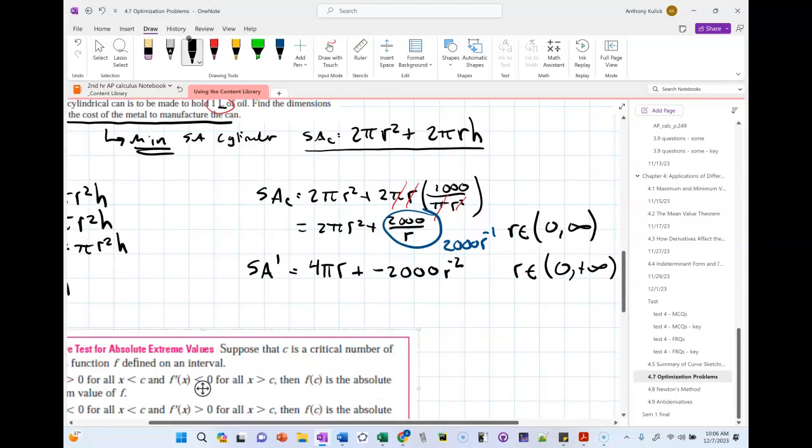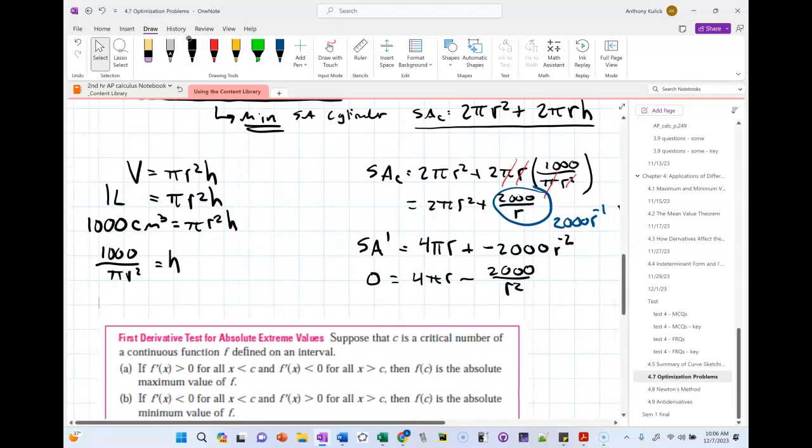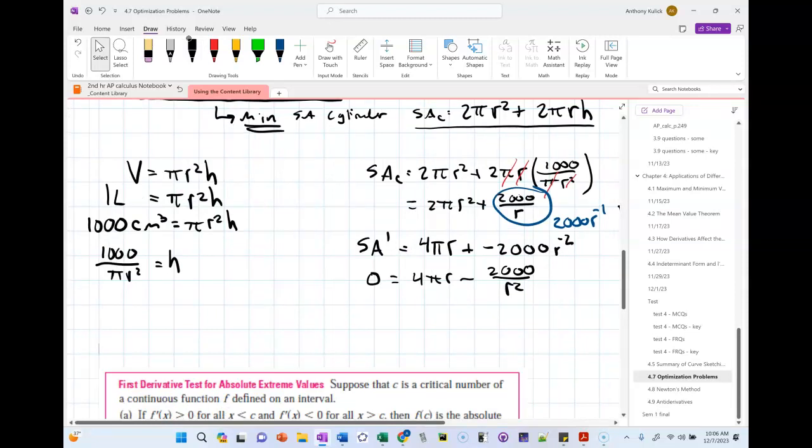Okay. Now what do we do? Great, we set it equal to 0. And I'm going to write it this way now. How am I going to solve that? This was an issue on the test as well. 2,000.